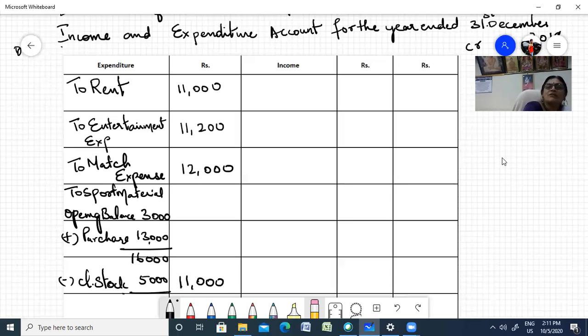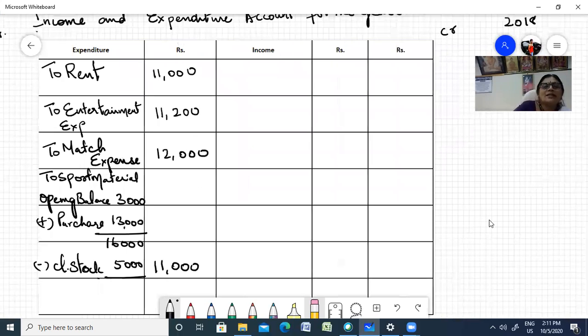So now that you have done with your expenditure side, let us do the income side. Income, we have by subscription. By subscription, 33,000. You have to take only 2018. Okay, they're giving you 17, 18, 19. Only 2018 you're supposed to take, right?